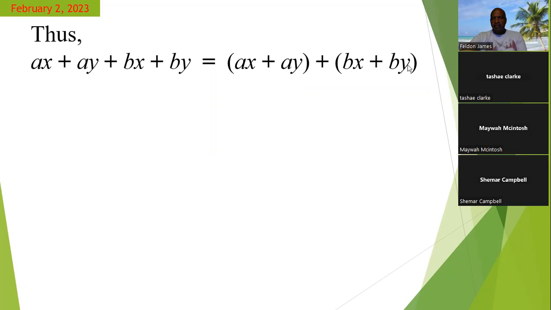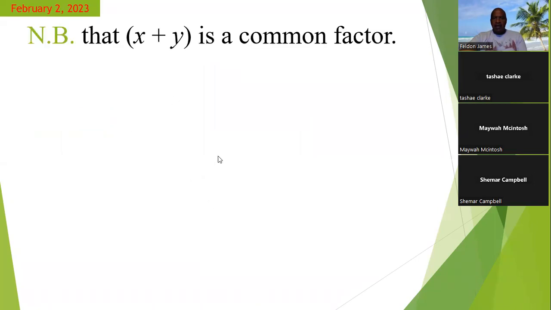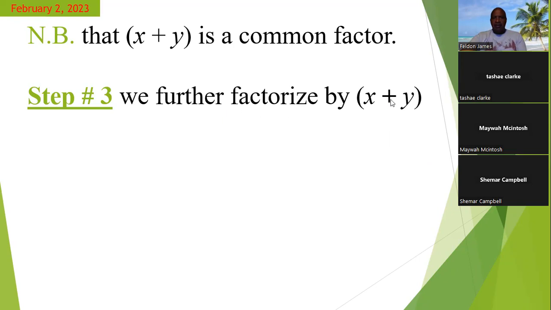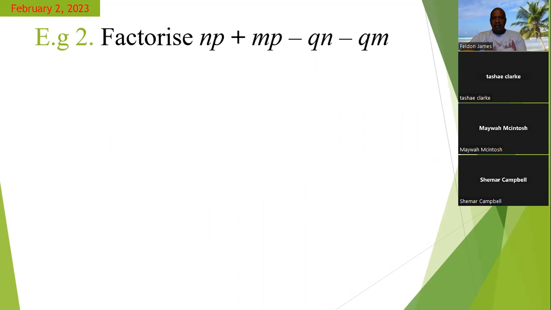We group the bx, by together, so we have a common factor b. Second step, we factorize each of these groups. We get a bracket x plus y, then b bracket x plus y. The x plus y is common, so we further factorize by the x plus y as the HCF. And so by pulling out the x plus y as the HCF, we divide each of these by x plus y. The first term we get is a in the second bracket plus b in the second bracket. And so that would have given our answer.